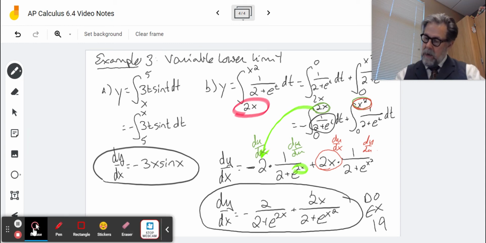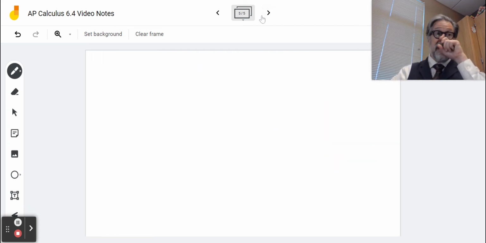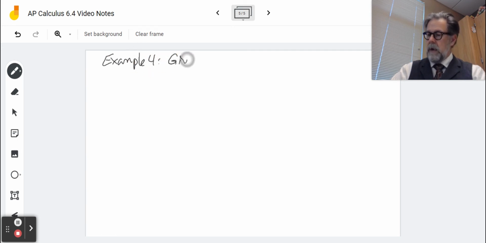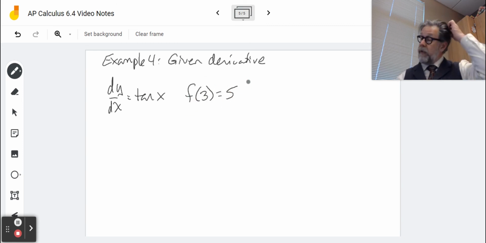And what I want to do here is squeeze in one more example, so we'll call this example 4. What if I am given a derivative? What we've got here is that the derivative of y with respect to x is equal to tan x, and we're given a value of the function, f of 3 equals 5.